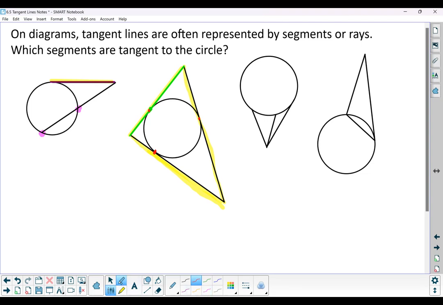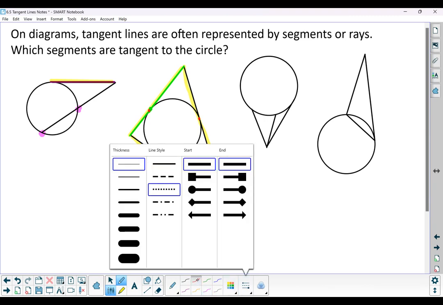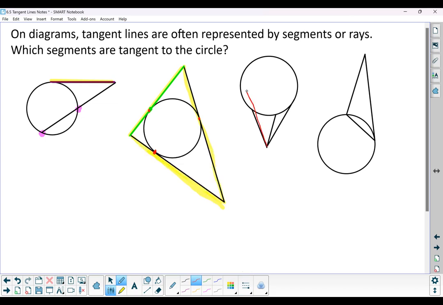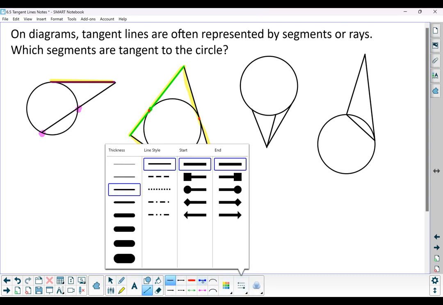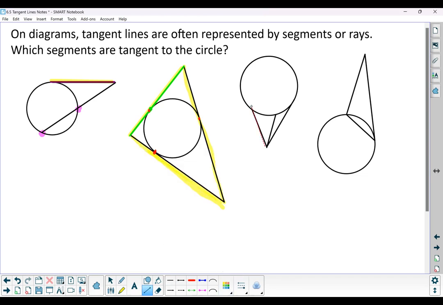On the next one, there's actually only one tangent. Sometimes it's helpful if you think about extending one of the lines. If I extend this line, you can see it would intersect the circle at 2 spots, and if I extend this one, you can see that it would touch at 2 spots, but if I extend this one, you can see that it doesn't.